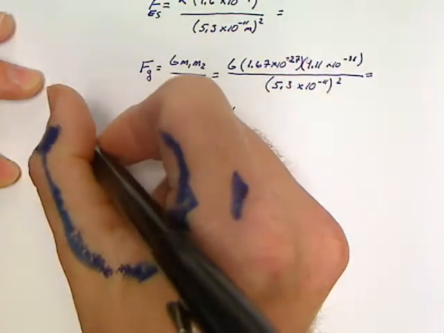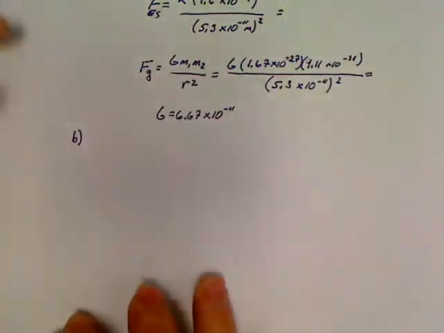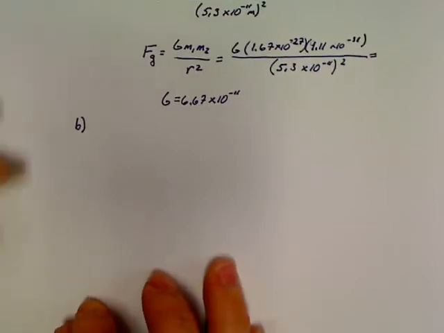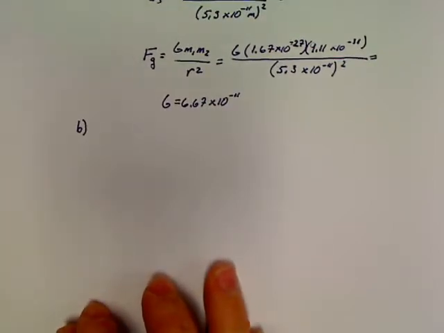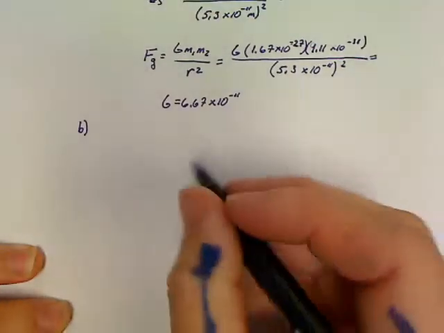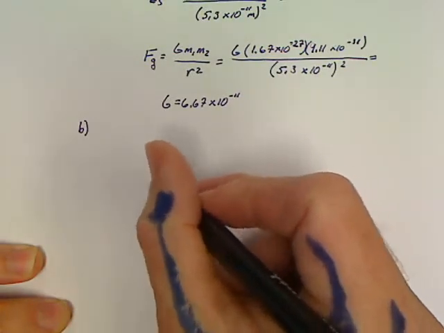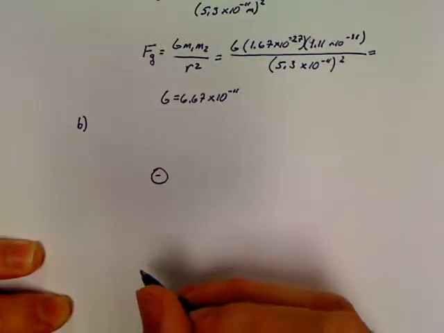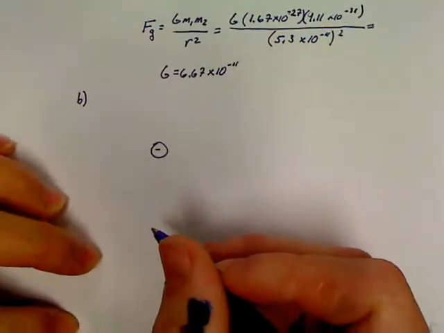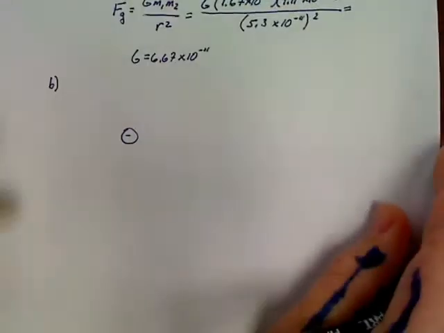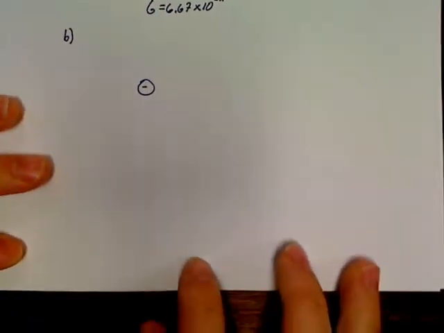Now let's take a look at example B that was given to you. All right. So to do example B, let's take a look. We've got a little simple drawing here. I need to rearrange my paper a little bit more.